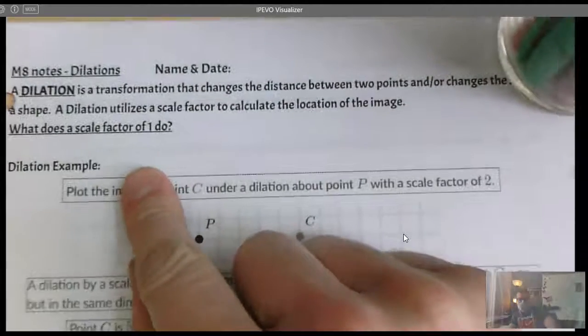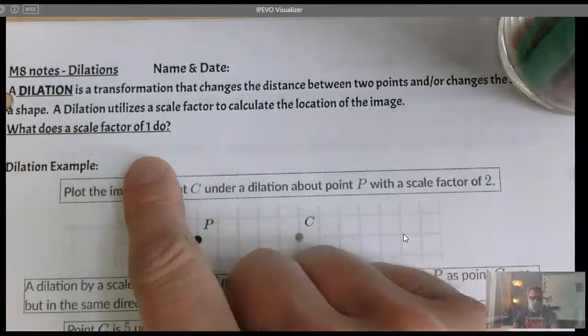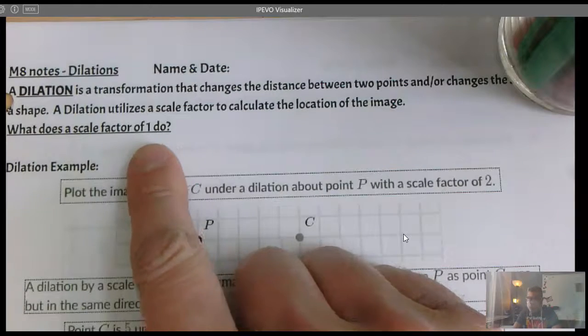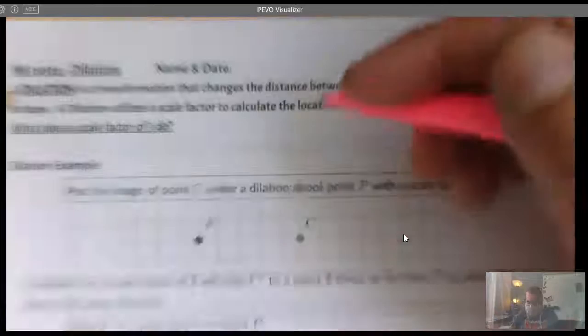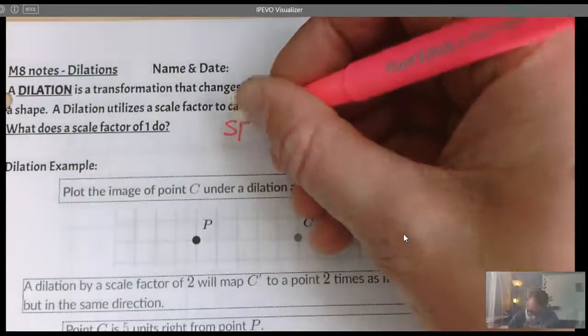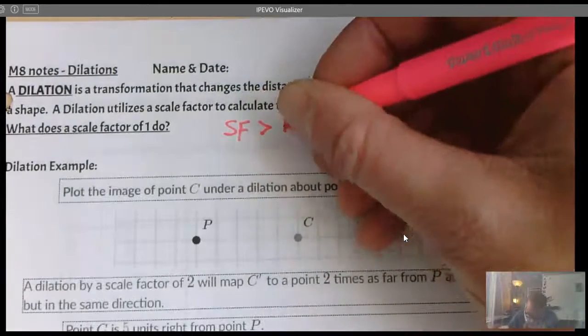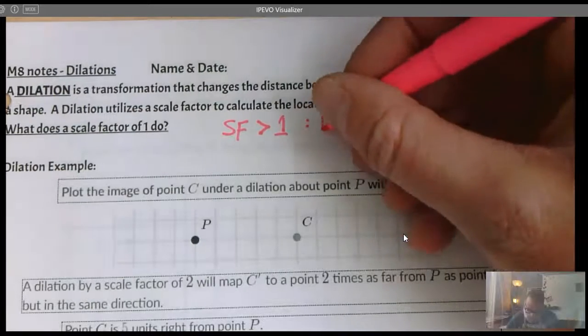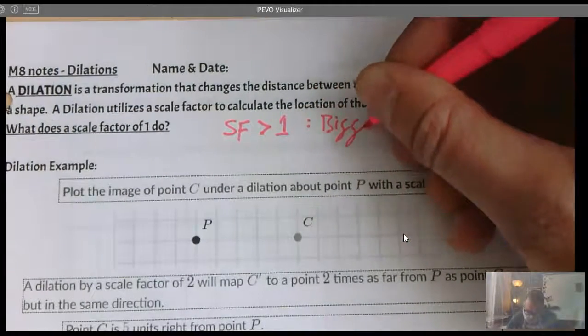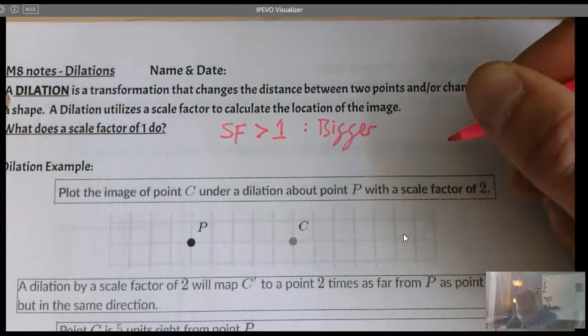What's a scale factor of 1 do? Anybody, everybody? Nothing, right? Nothing. Now, what about a scale factor greater than 1? What does that do? That gets bigger, or that would be an enlargement.